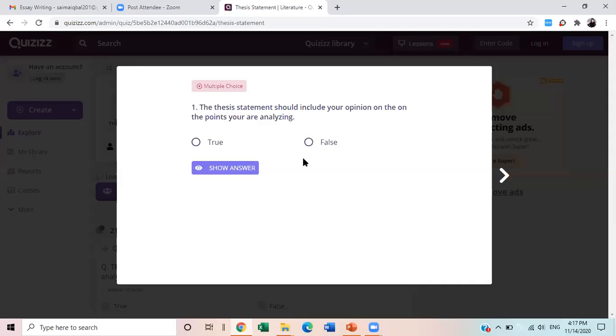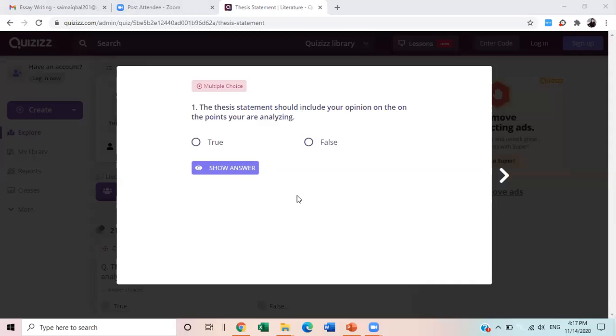Okay, everyone. Is my screen visible to all of you? Yes. All right. Now, look at this. Please write in the chat box, or you can unmute yourself and answer me.